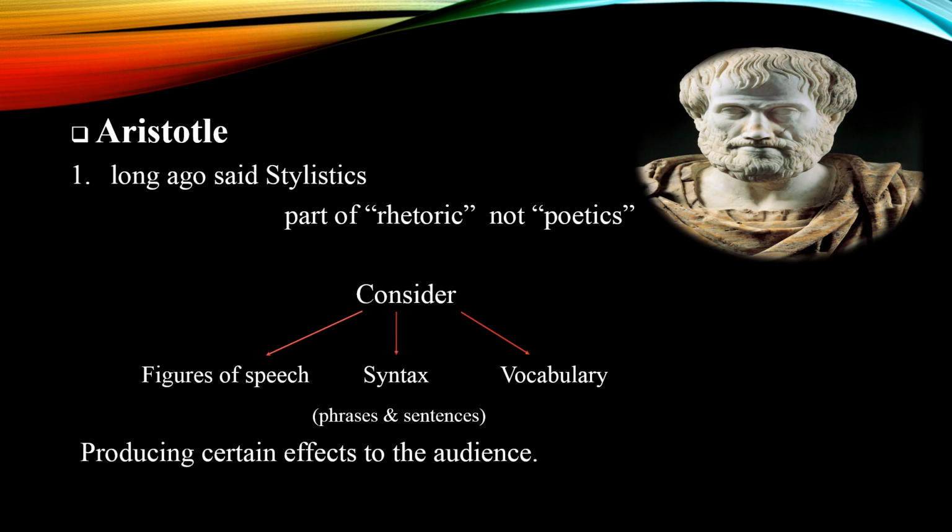Next, the syntax. Syntax is nothing but the usage of phrases and sentences. Phrases and sentences are the most important part of a literary text. It is not that we can scribble something in a novel or a drama; phrases have to come. For example, it is raining like cats and dogs. The rain is coming heavily, without a stop.